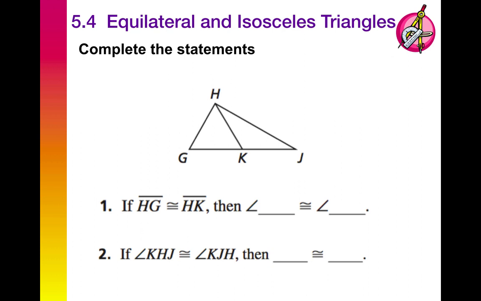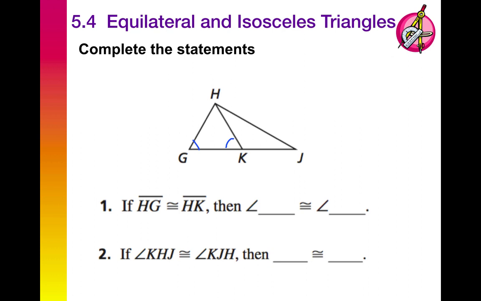Complete the statement. If HG, that's this, and HK are congruent, then that means that this angle here must be congruent to this angle here. So we're going to get this angle is congruent to this angle.